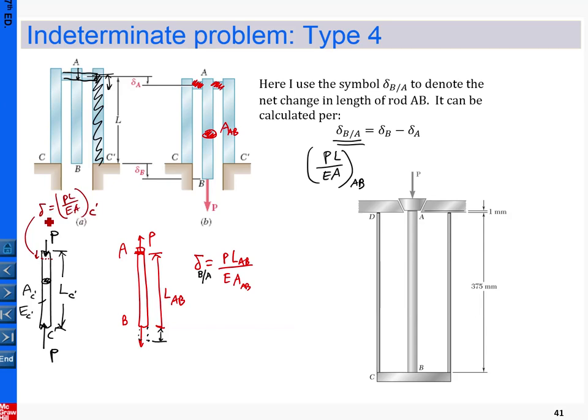That one deforms, and because this end is fixed, this deformation simply represents the displacement at A here. So to determine this amount, it is PL over EA for the shaft C prime, and similarly for C.